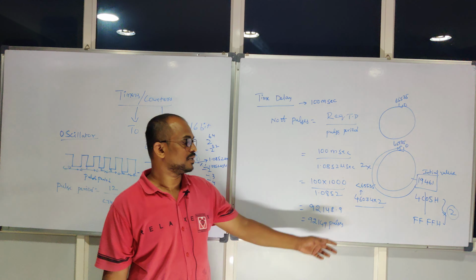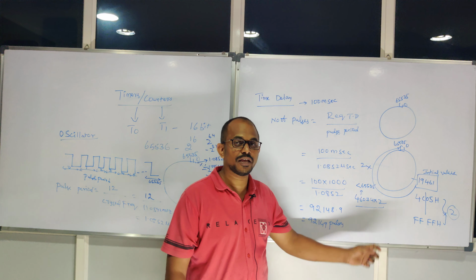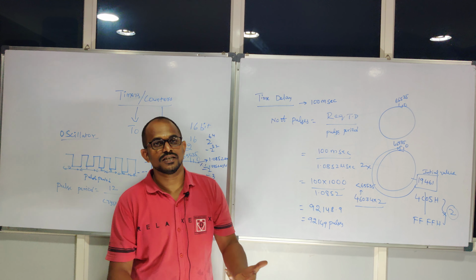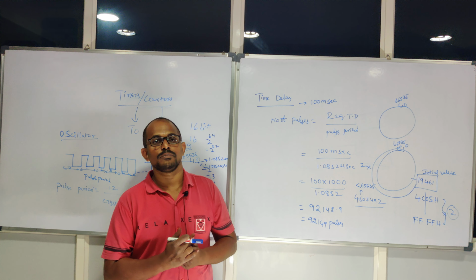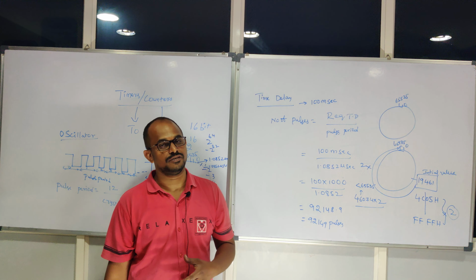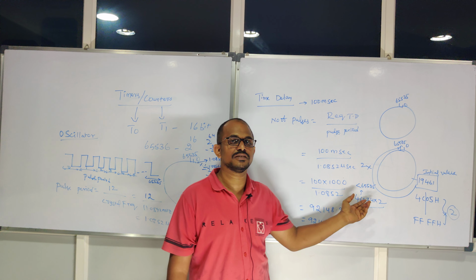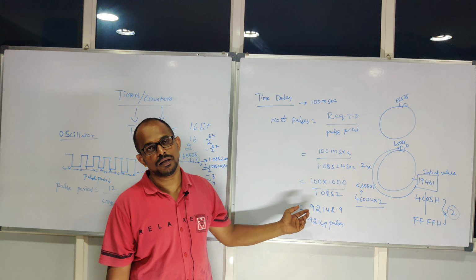Why am I taking 46,074 here? Because I cannot go beyond 65,535 pulses. So whatever the known value, I am trying to count within the limit with repetitions. I am just counting 46,074 pulses 2 times, so obviously I will get 92,148 pulses.